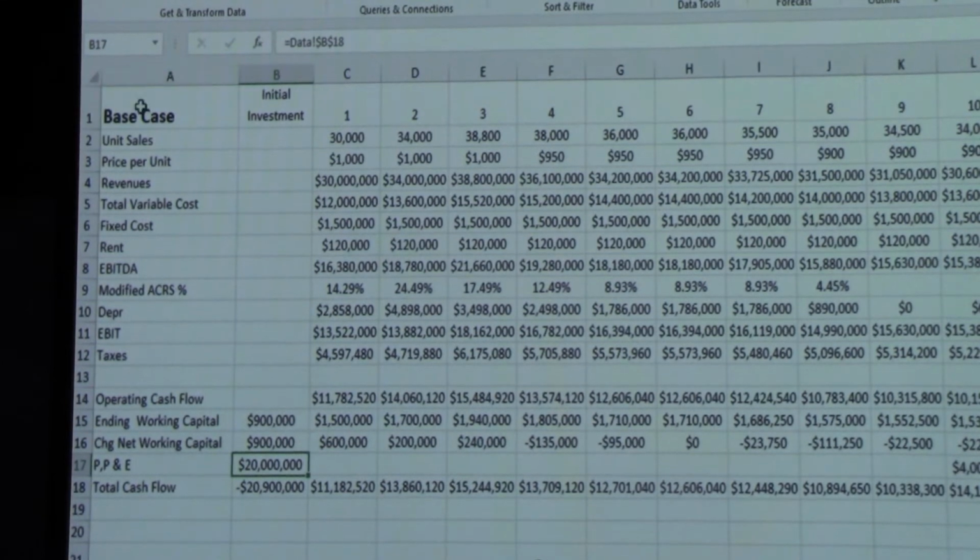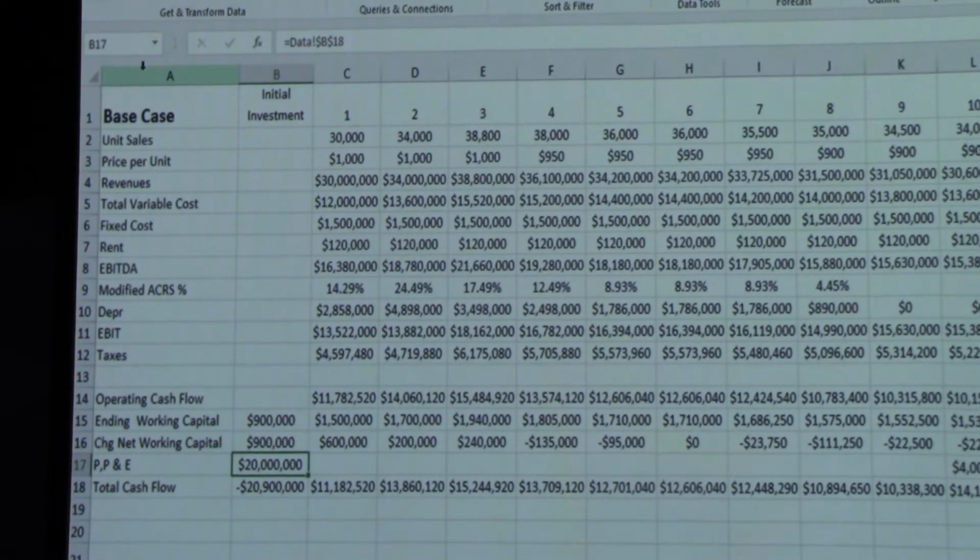A scenario analysis involves adding a best case scenario and a worst case scenario. A scenario is when you change several variables in your financial forecast at the same time.